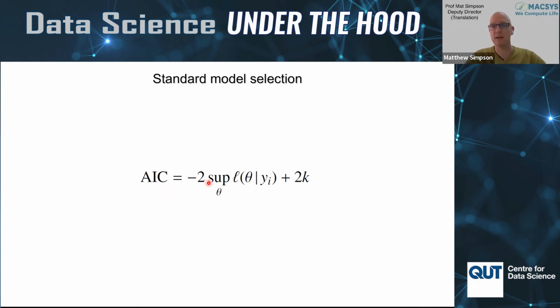First of all, this term here tells us the maximum likelihood, so we're going to prefer models that fit the data well. But we'd be trading off against model complexity. So K here is going to be the size of the parameter. So we're going to rank models. We're going to prefer models that give the best fit to the data, but we're going to prefer simpler models.